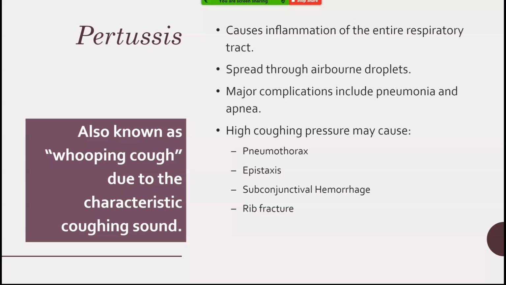Because while mom and dad might think, oh, this is an annoying cough, baby might become hypoxic and go into respiratory failure. So vaccines are trying to help prevent bigger issues. That's the whole concept.